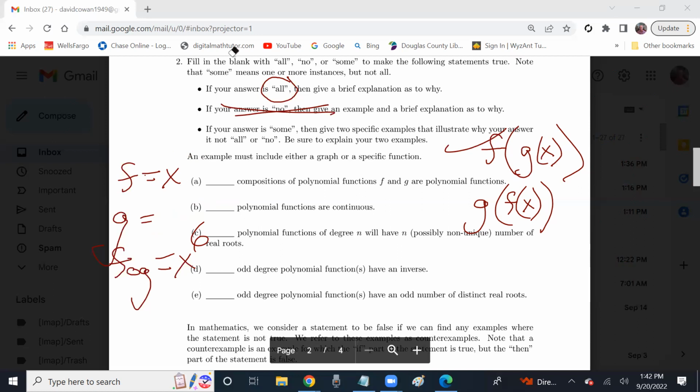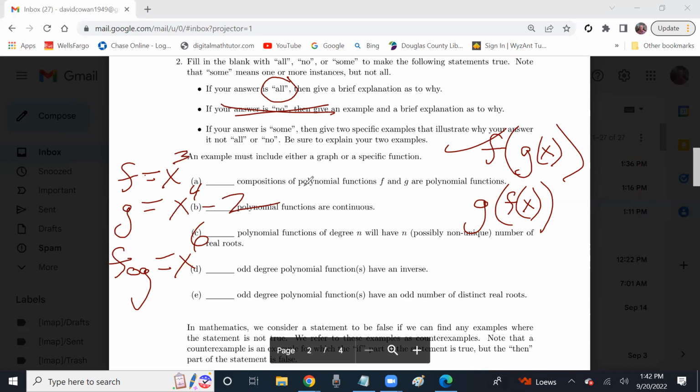If I make g any polynomial, polynomials merely have to have powers that are integers, can't be fractional.